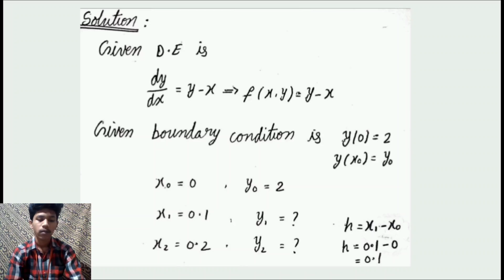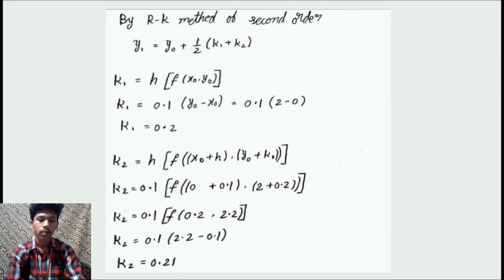Comparing y of 0 is equal to 2 with y of x naught is equal to y naught, we get x naught equals 0, y naught equals 2, and the given data x1 is equal to 0.1, x2 is equal to 0.2, and y1 and y2 are what we want to find, and h is equal to x1 minus x naught. Here x1 is equal to 0.1 and x naught equals 0, and the result is h is equal to 0.1.